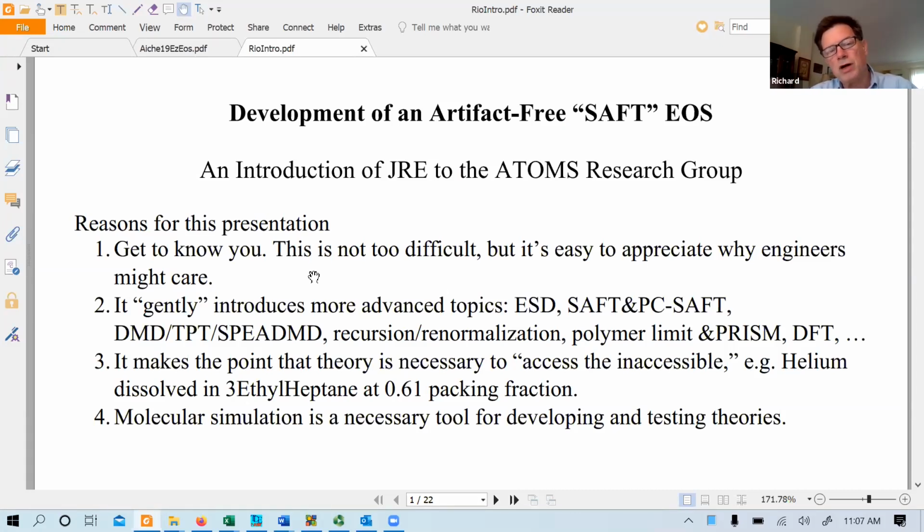And so I think this is a topic that everybody can understand and appreciate. At the same time, if you're interested in more advanced topics, we will gently introduce those and touch on those topics. And those topics include starting with the ESD, then moving to SAFT, and then some perturbation theory, and a concept that I refer to as renormalization or recursion.